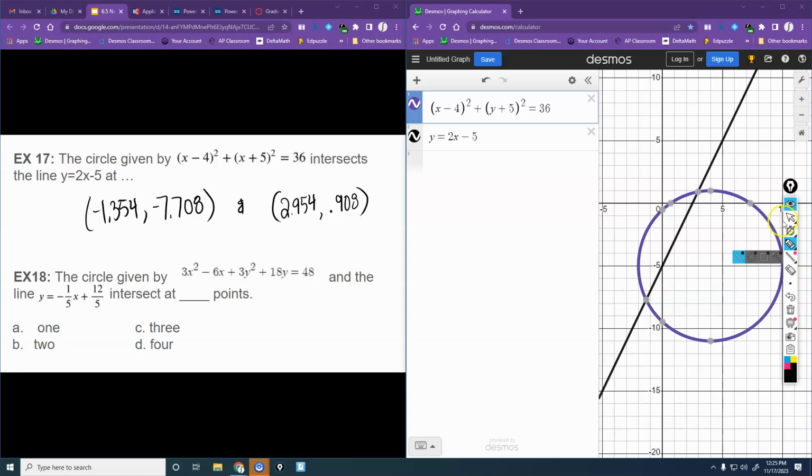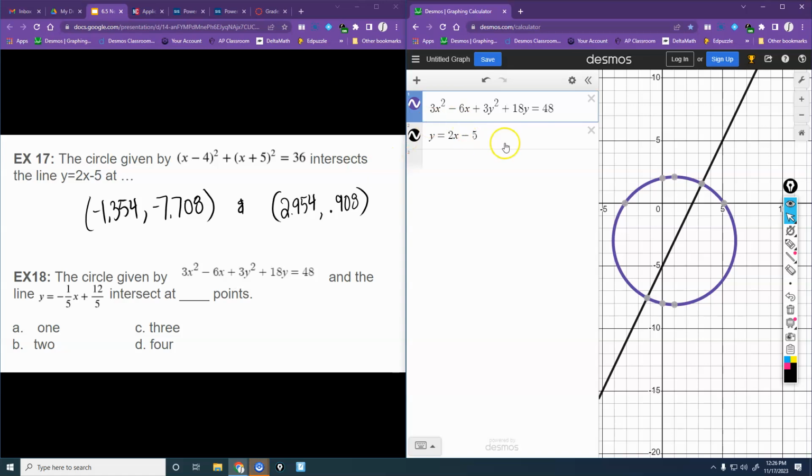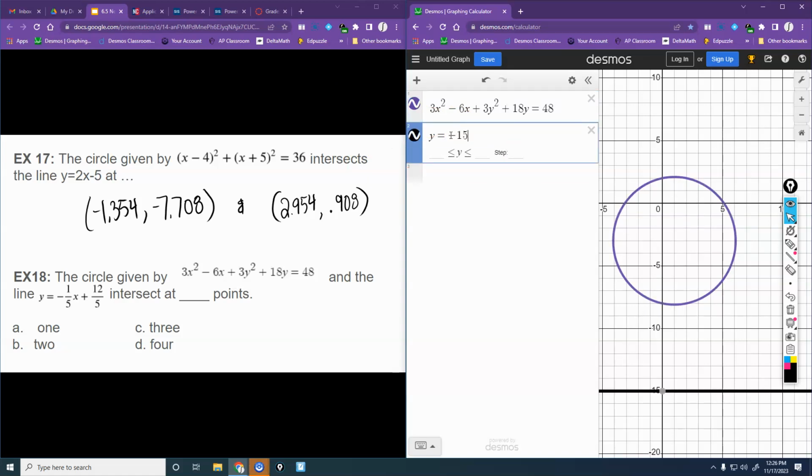If we look really quickly at the next one, that first one is going to be a circle. Hopefully. Yep, that first one is a circle. The second one is negative 1 over 5 x plus 12 over 5.